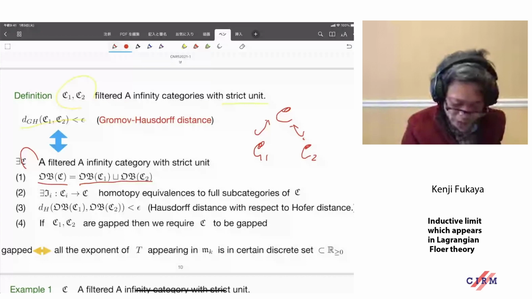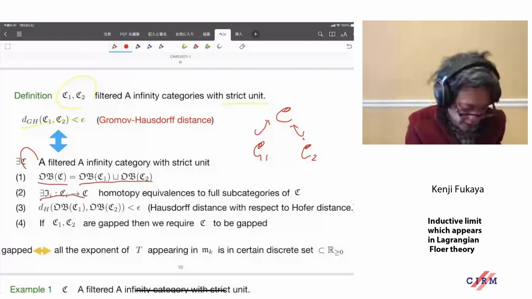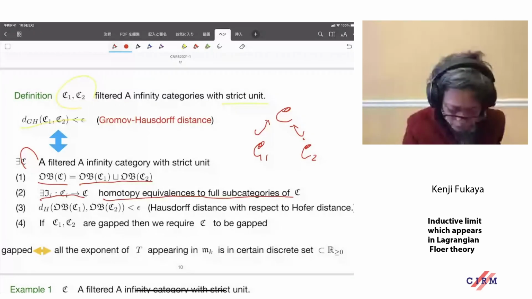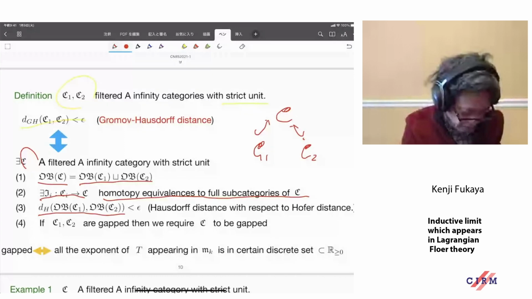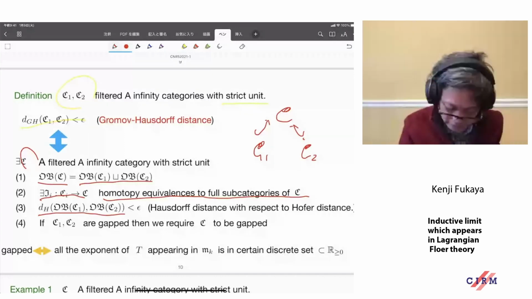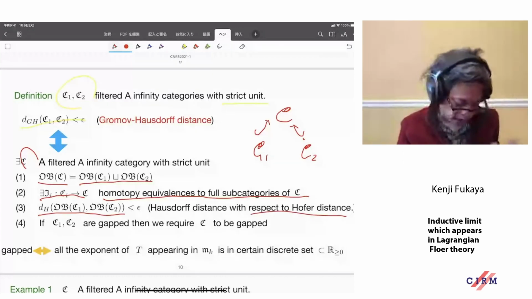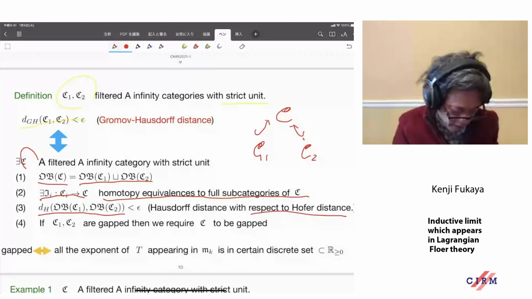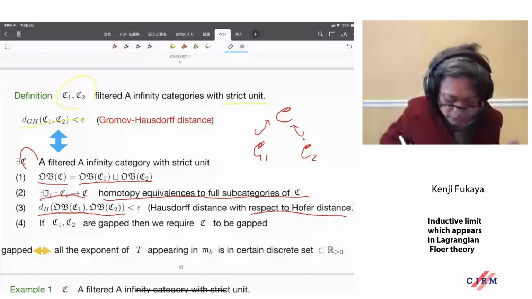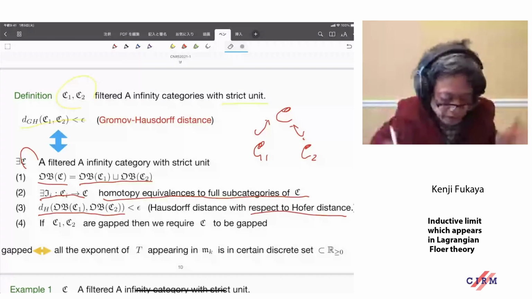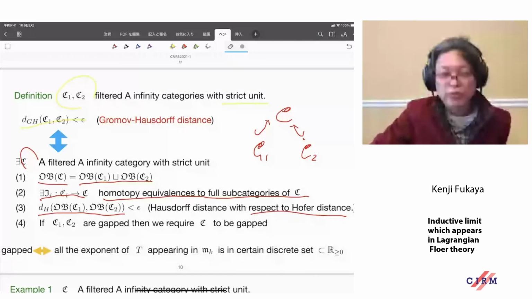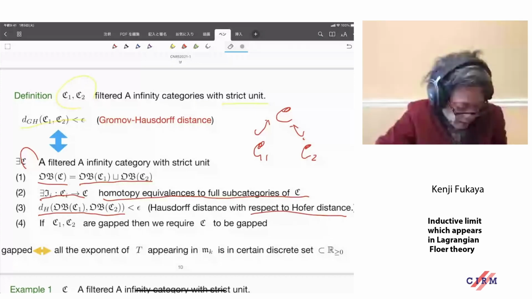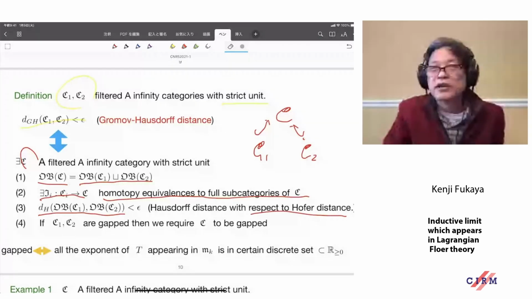And there are homotopy equivalences to full subcategories, so they are embedded in C. And if you consider this object set, then you take the usual Hausdorff distance with respect to the Hofer distance, which I have just introduced, and it's smaller than epsilon. And we assume there's some gap condition on this combination. That's technical, I don't want to explain it. If you know the definition of Gromov-Hausdorff distance in the case of usual metric spaces, then this is exactly Gromov's definition of Gromov-Hausdorff distance.